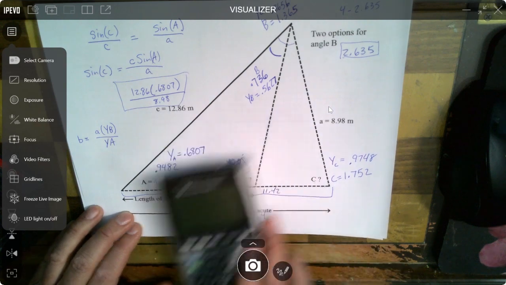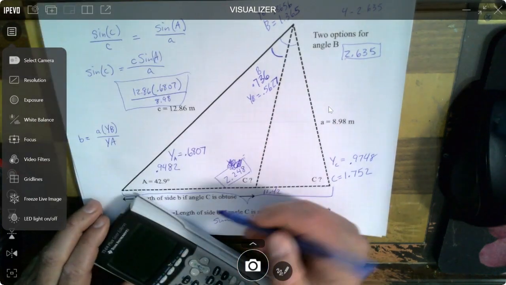And so we find that this side has become 7.42.